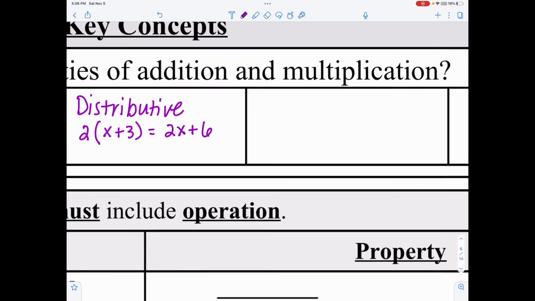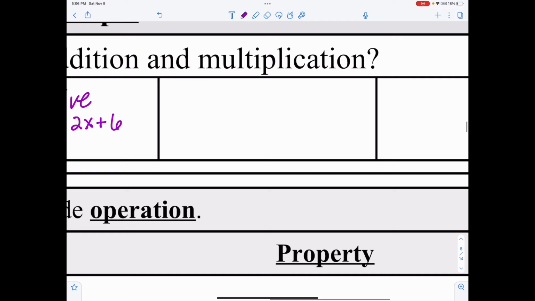Okay? All right. And the next one is identity property. And so we're looking at what special identity can we use to keep the number the same. So we know that any number times 1, okay, for multiplication.